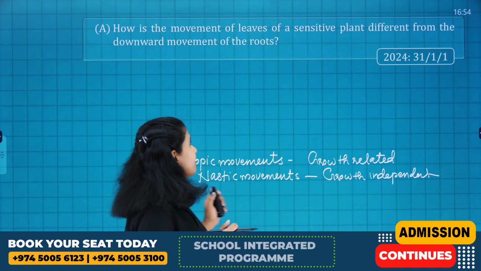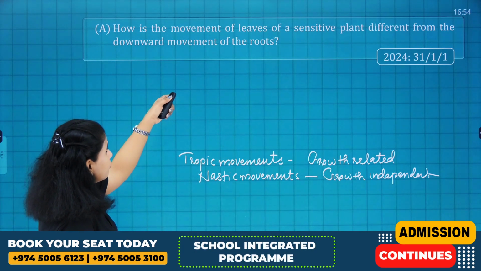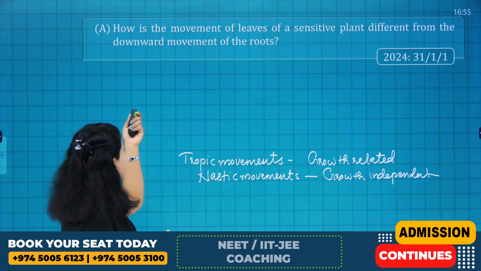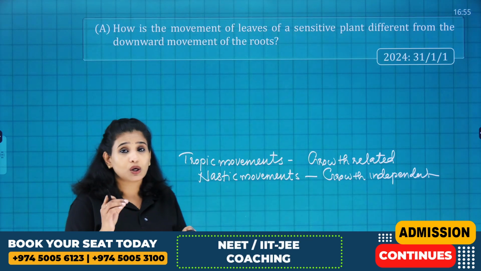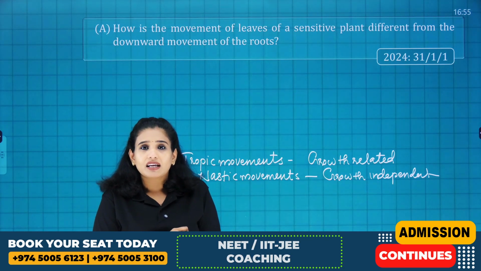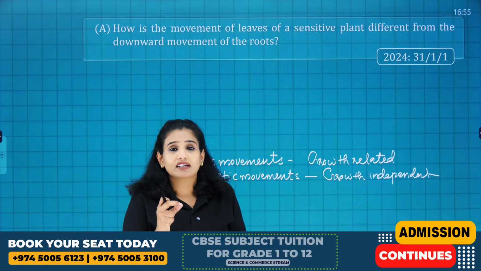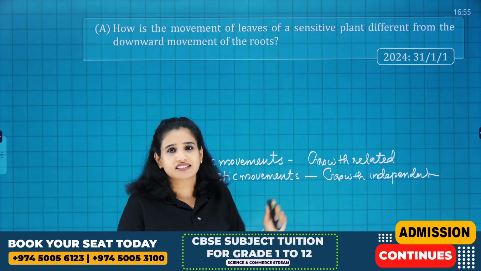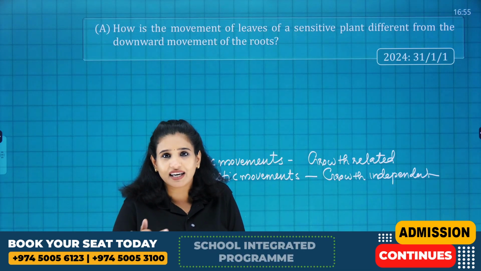So what is the question given here? How is the movement of leaves of a sensitive plant different from the downward movement of the root? Here, a sensitive plant responding to a stimulus is an example of nastic movement, which is not related with growth.